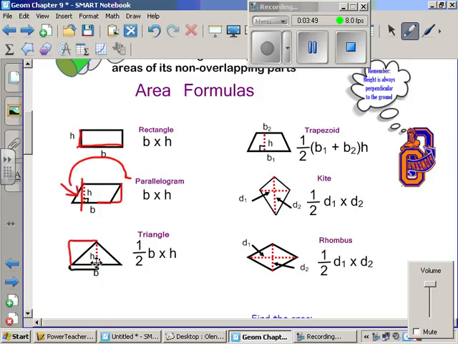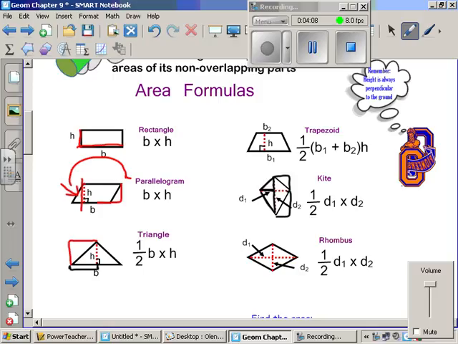Okay? For a kite, if you take this little triangle here and move it over, and you take this triangle here and move it over, okay, again you have a rectangle.